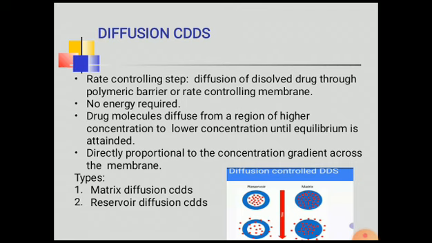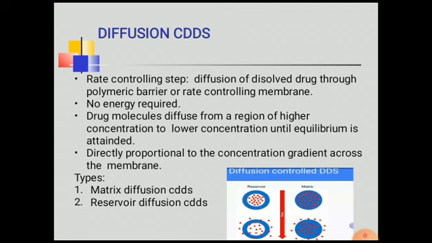In a dissolution system, the rate controlling step is when the polymeric membrane, or rate controlling membrane, is ruptured or dissolved and the drug is released. But in a diffusion system, it is the diffusion of the drug through the polymeric barrier.